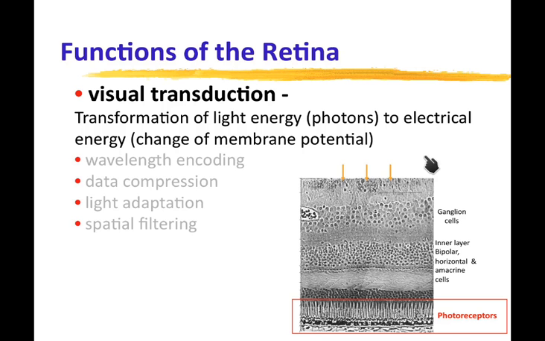This transduction is happening in the back of the retina in the photoreceptor layer, and the most important function of the photoreceptors is to detect light photons and send an electrical signal to the next layers of the retina.